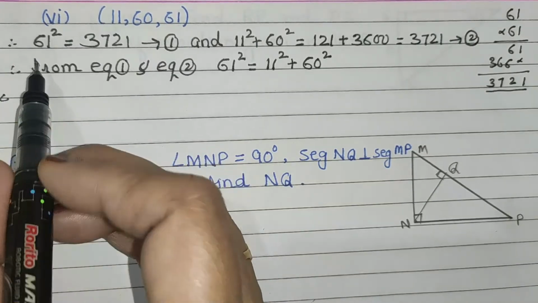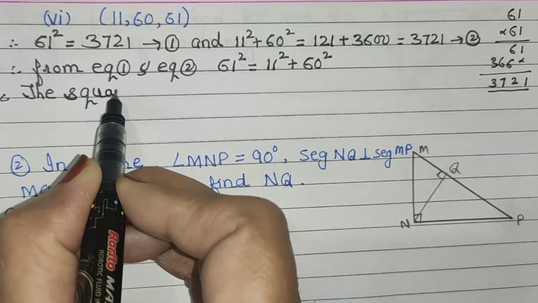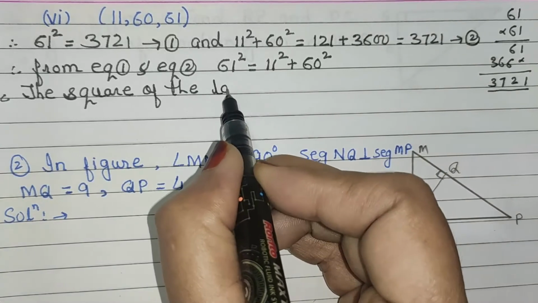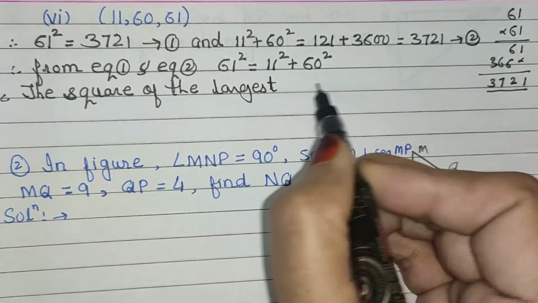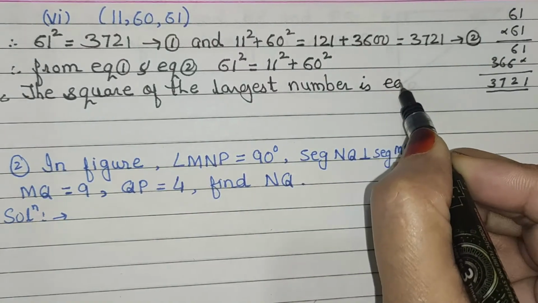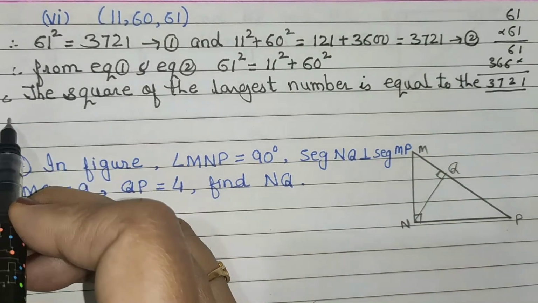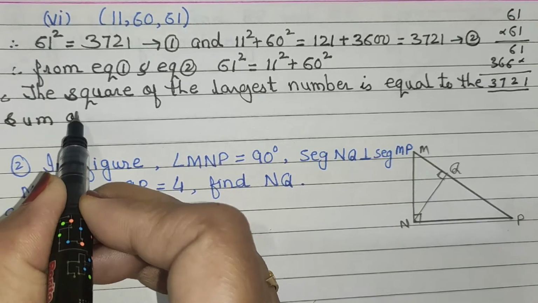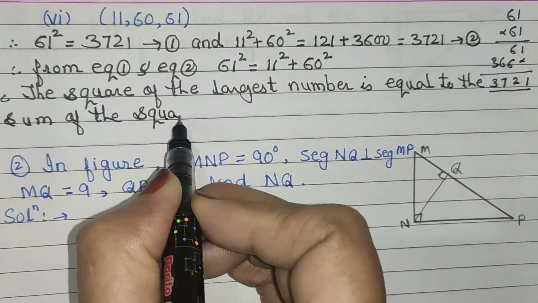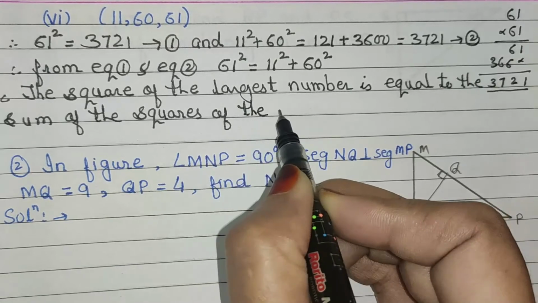Therefore, write down the answer here. The square of the largest number is equal to the sum of the squares of the other two numbers.